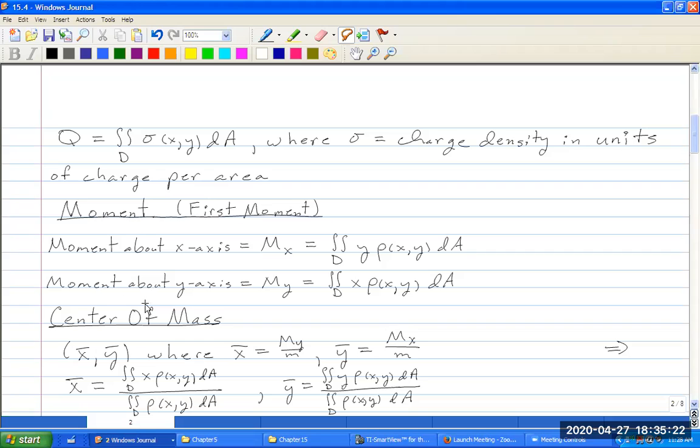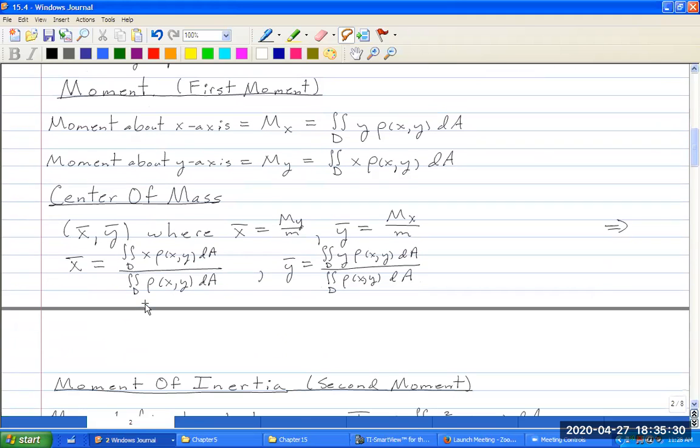The center of mass for a lamina D having density rho is an ordered pair x bar comma y bar, where x bar is the moment about the y-axis, m sub y over m, the mass, and y bar is just m sub x over m.